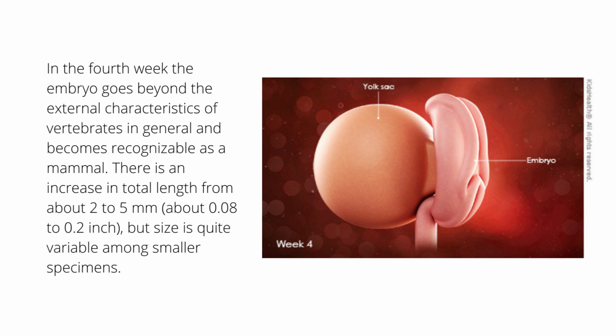It is not fixed among smaller specimens. Better correlated with the degree of development is the number of mesodermal somites, which attain their full number of around 42 during the fourth week.